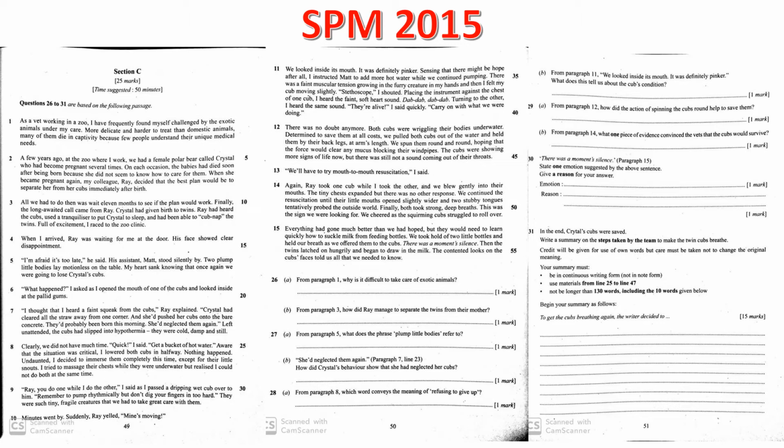Yes, you can download this from the link given in the description. So, look at this paper. What is the first thing that you do? Do you read the text first? Or do you read the instruction first? Or do you do the summary question first?